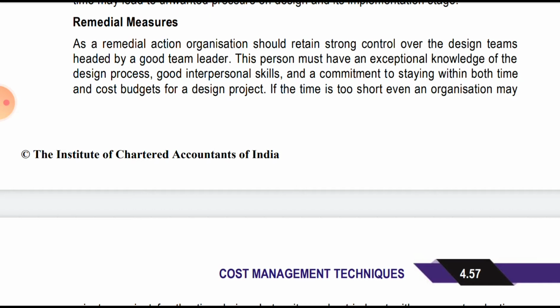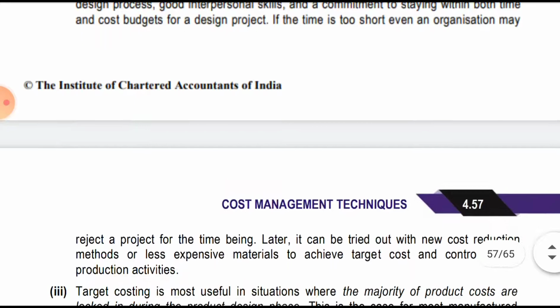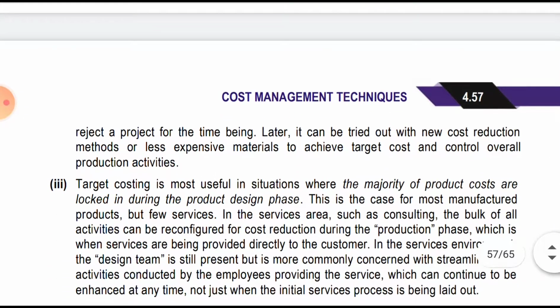If the time is too short, as we have seen, it is not too short, it is just reduced from 3 to 2.125. If the time is too short, an organization may reject the proposal for the time being. Later it can try out a new cost reduction method, that is, how to reduce the cost, or a less expensive material to achieve the target cost and control the production activity.